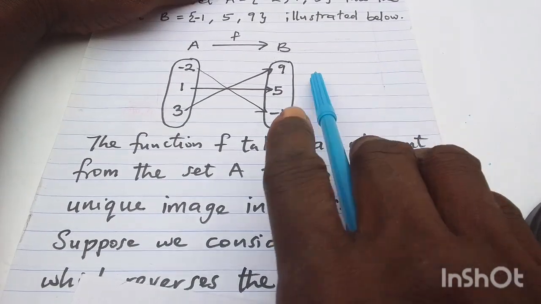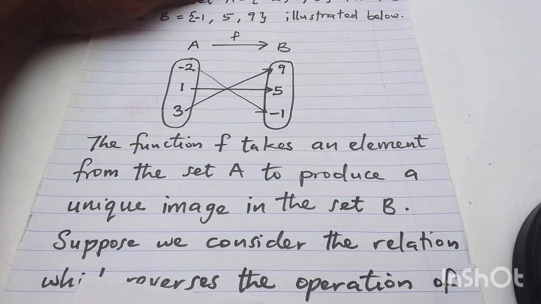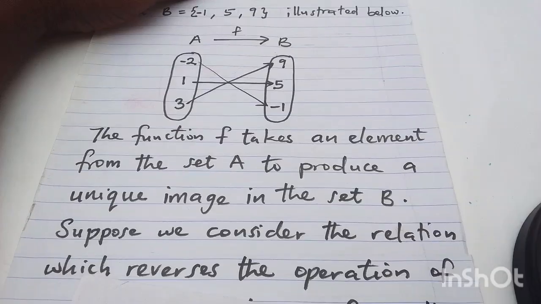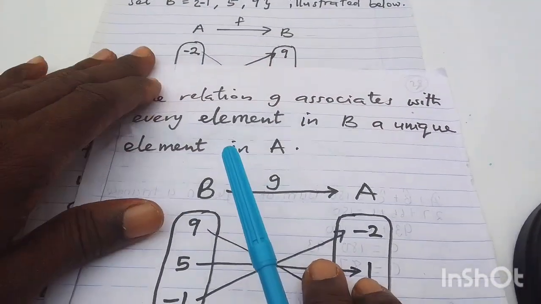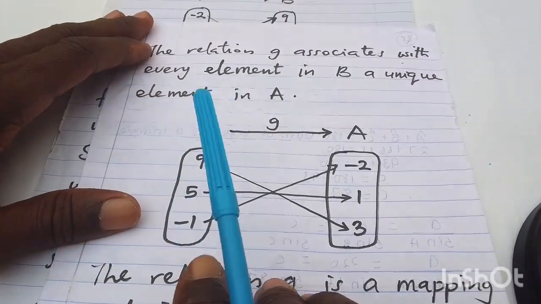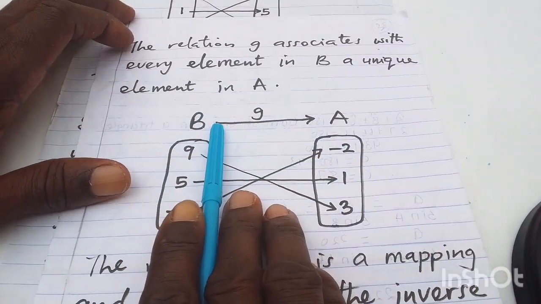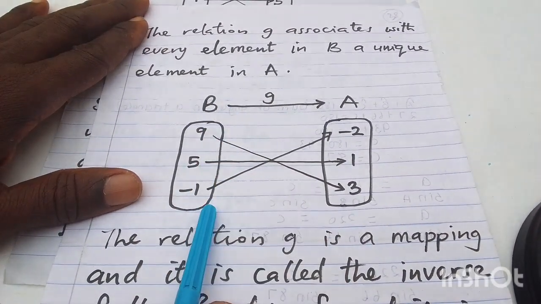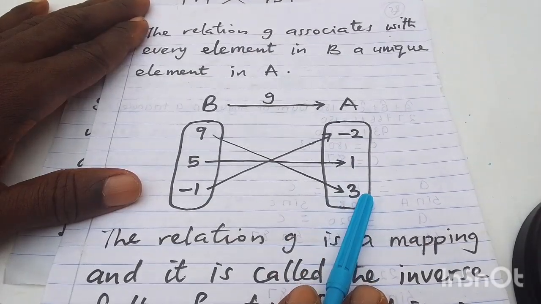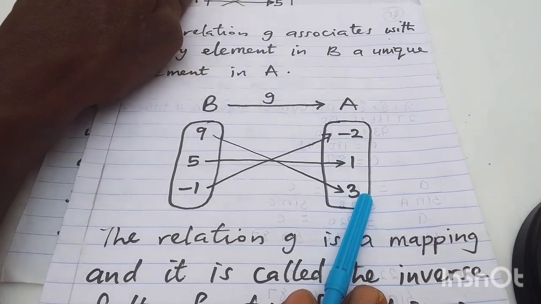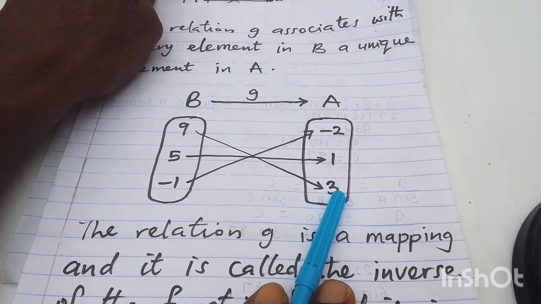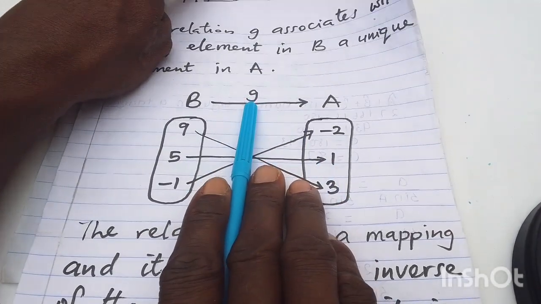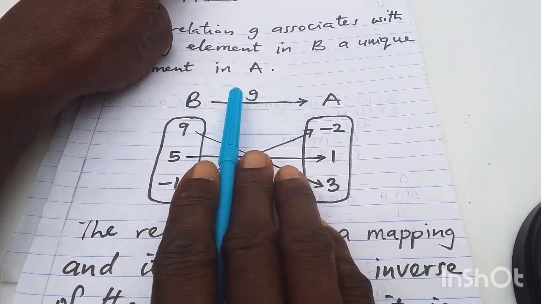But in a situation whereby we want to reverse the operation, we want to make B the domain and A the codomain. To reverse this operation, it means that you are going to use the inverse of f.